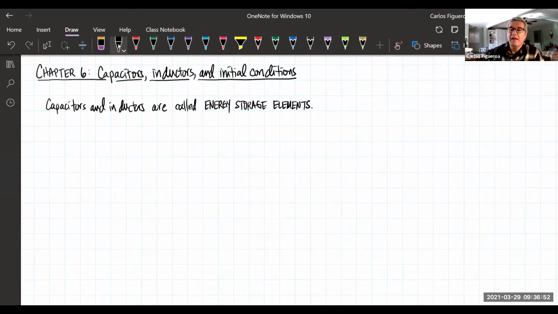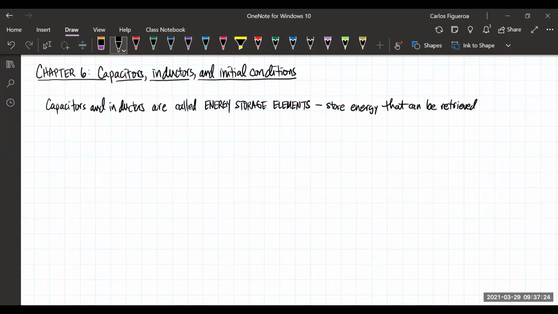Okay, they're energy storage elements. So that turns out to be a big deal here. What that means is that they store energy that can be retrieved later on.